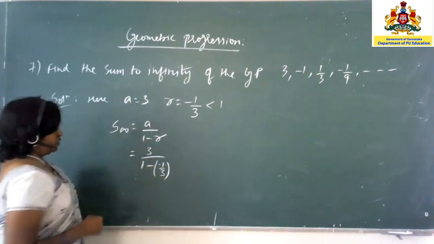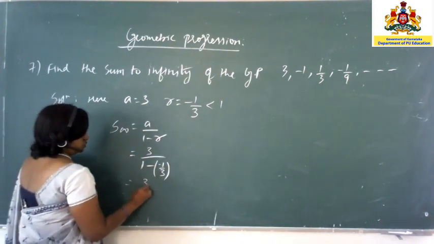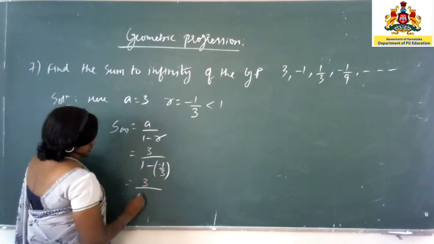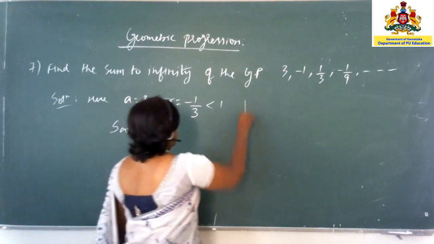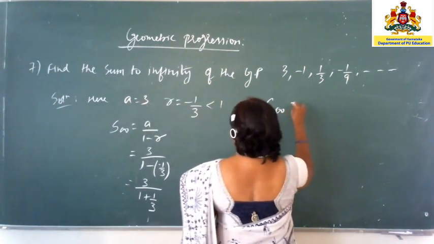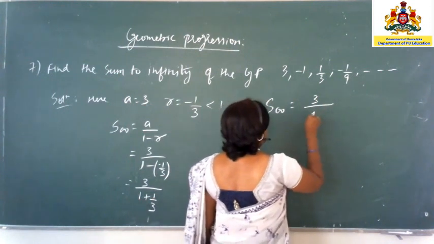You should be careful while taking the sign and use the brackets wherever necessary. So 3 divided by, this becomes 1 plus 1 by 3. So S infinity is equal to 3 divided by 4 by 3.